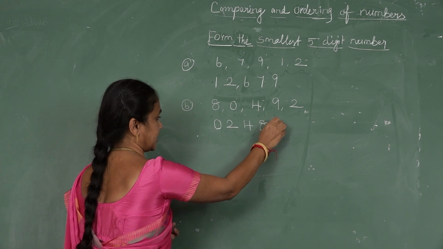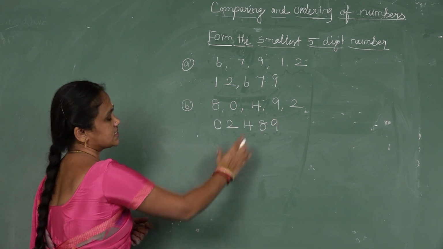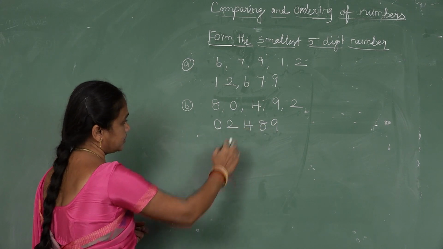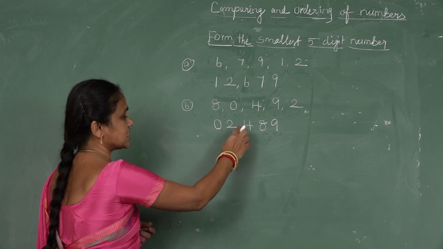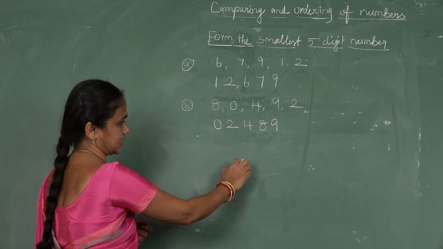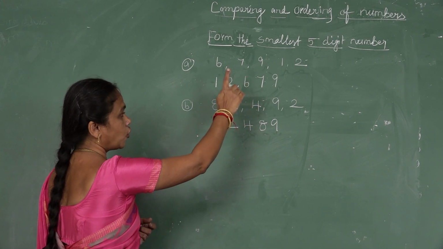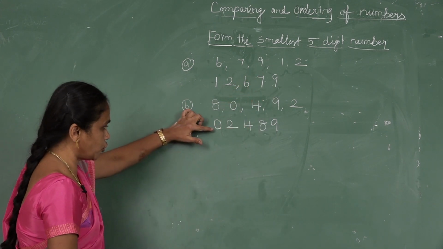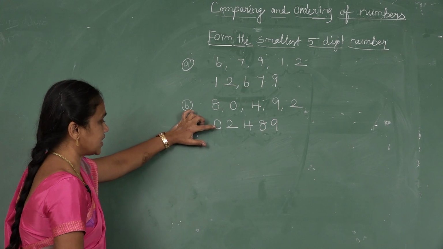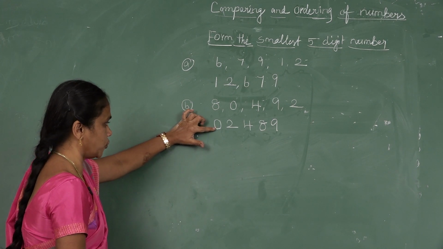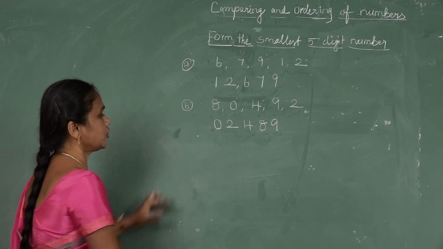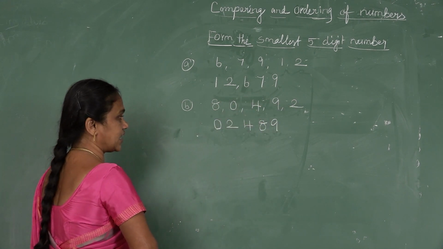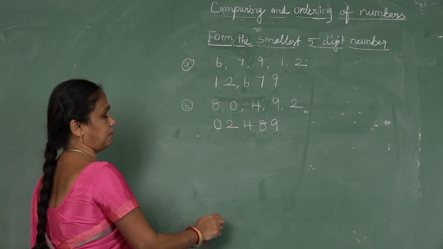Then 9. Look at this number carefully. Is it a 5-digit number? No. This is a 4-digit number. But they asked for the smallest 5-digit number. If we write the 0 at first, there is no value for 0. So, if 0 is one of the digits, we always write the 0 in the second place.